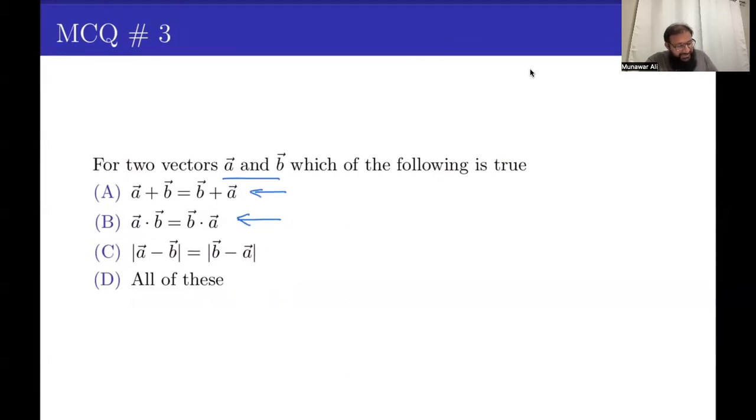And in general, we know that the difference of 2 vectors is not the same if we swap the vectors and take their difference. But the length of these is always the same. Keeping all these 3 things in mind, the correct option is D. I'm going to remove the highlight from these, and the correct option for this one is D.